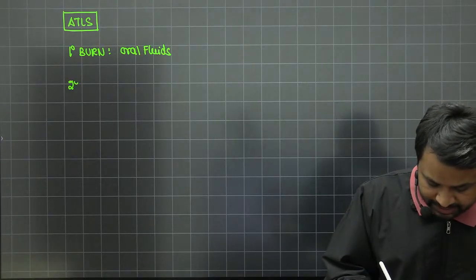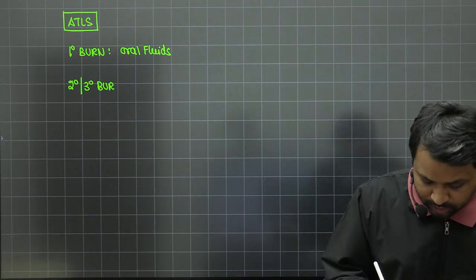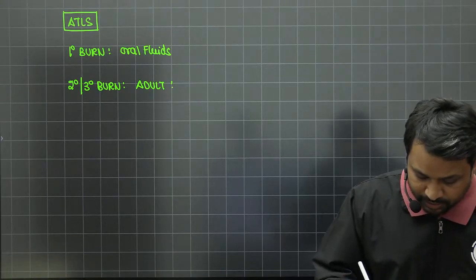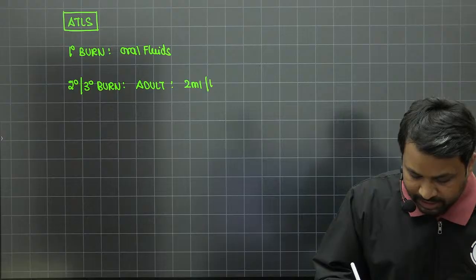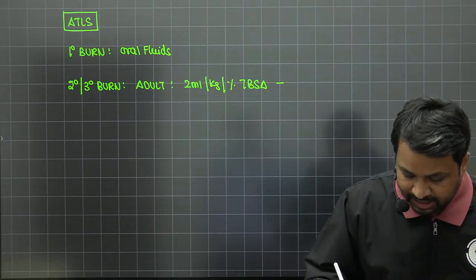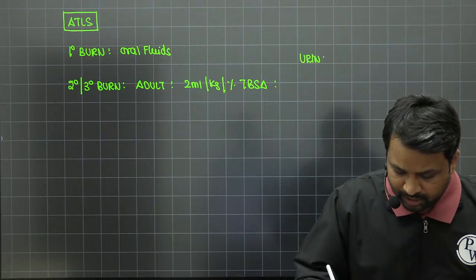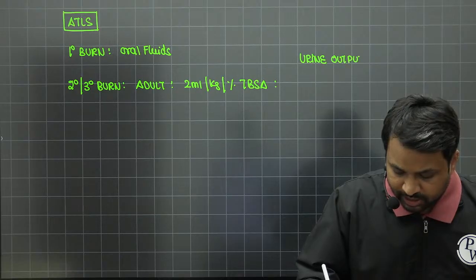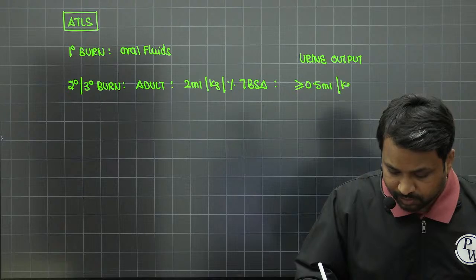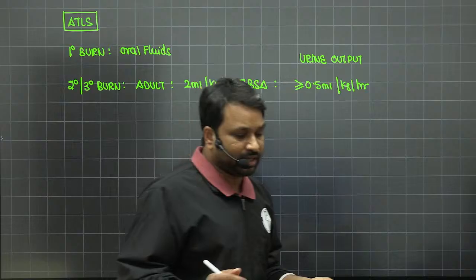Now, if it is a second degree or a third degree burn, and if it is an adult, then it is going to be 2 ml per kg per percentage of total body surface area burnt, and the expected urine output, the targeted urine output in adults, should be at least more than or equal to 0.5 ml per kg per hour. If the urine output is less than this, then you probably have to increase the resuscitation.